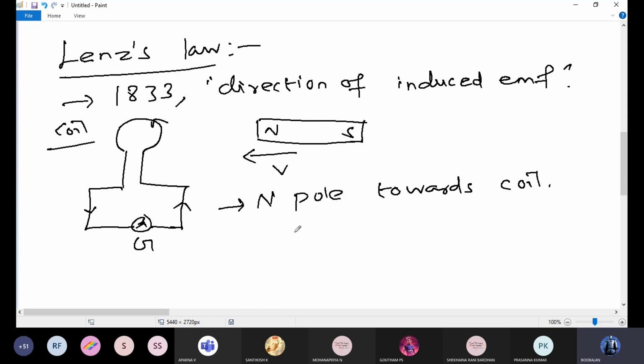Now the induced EMF, that is the induced current, is in the anti-clockwise direction.